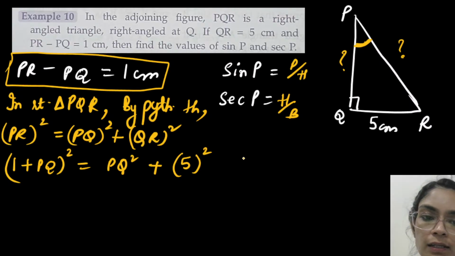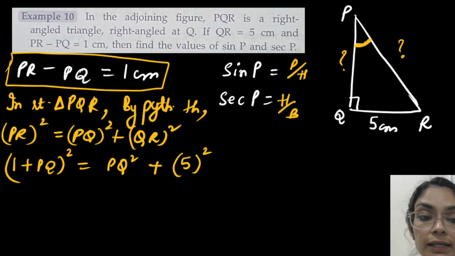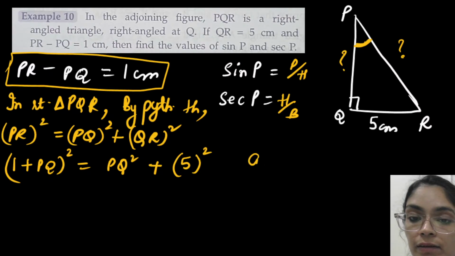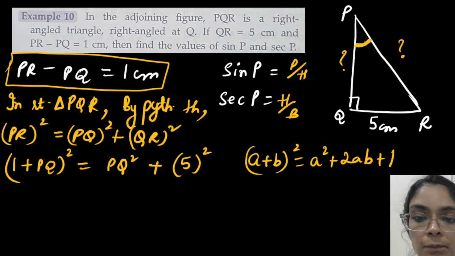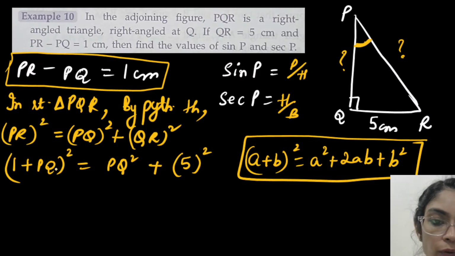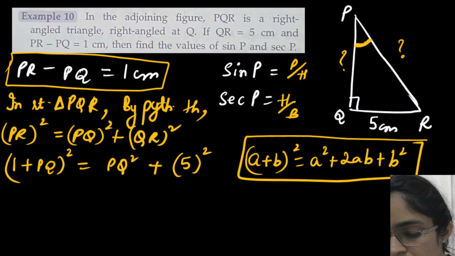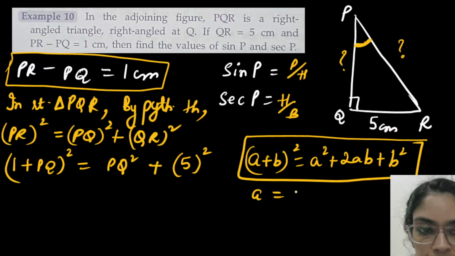Now what we can do? On the left side we can apply an identity. The identity which we can apply is A plus B whole square is A square plus 2AB plus B square. Don't write here A square plus B square, because many times I have seen students make this mistake. Here A is 1 and B is PQ.